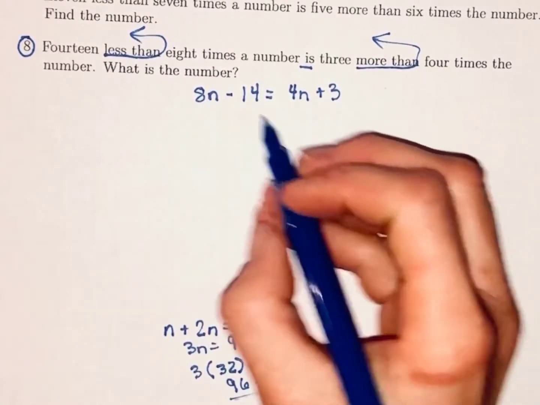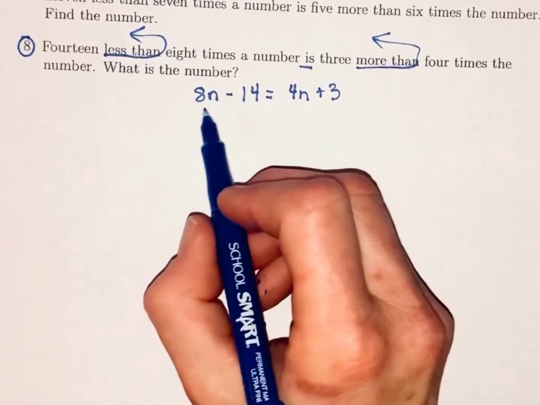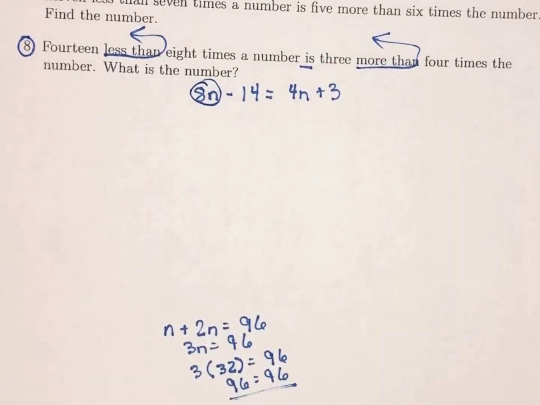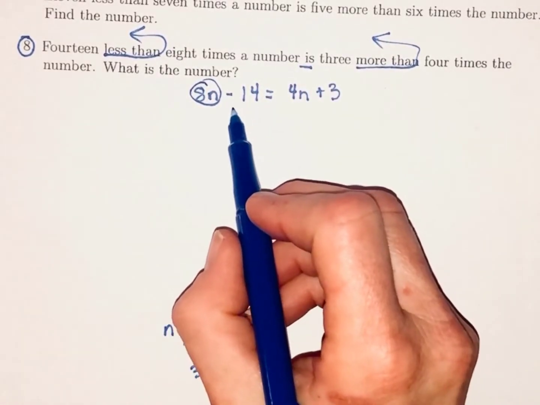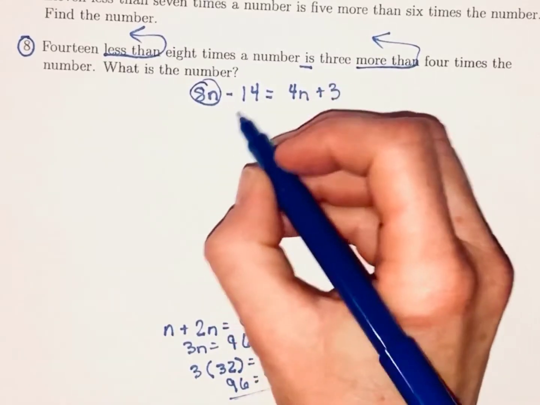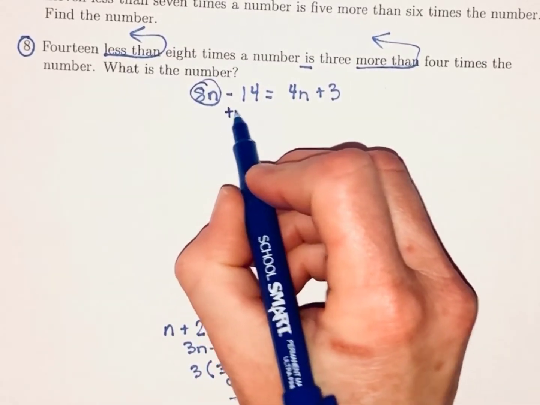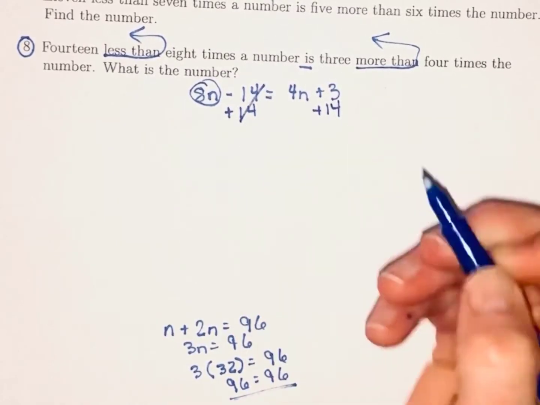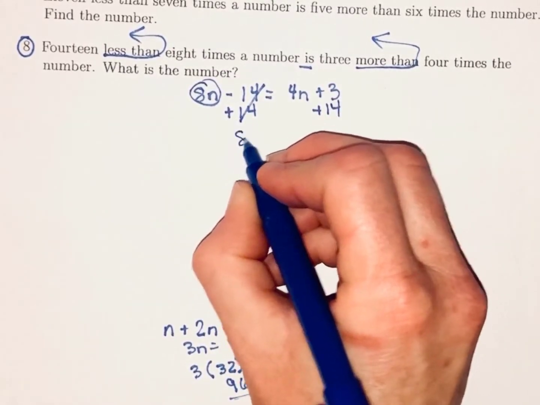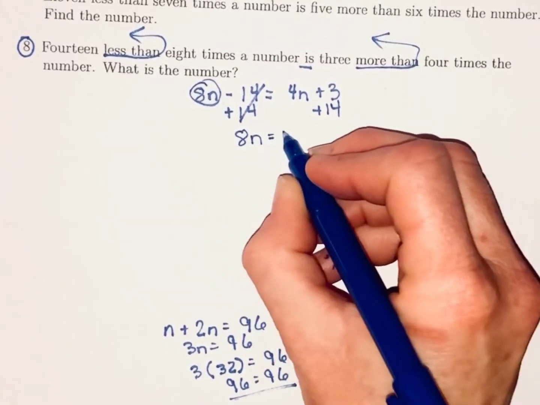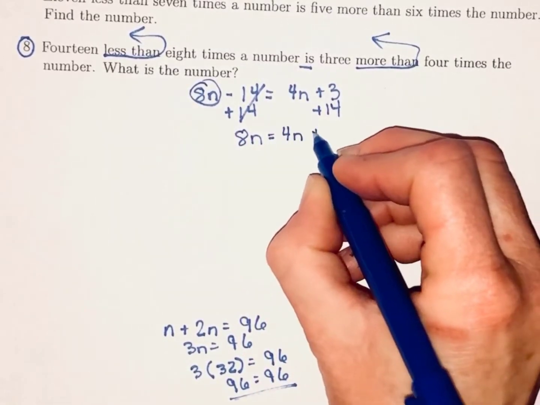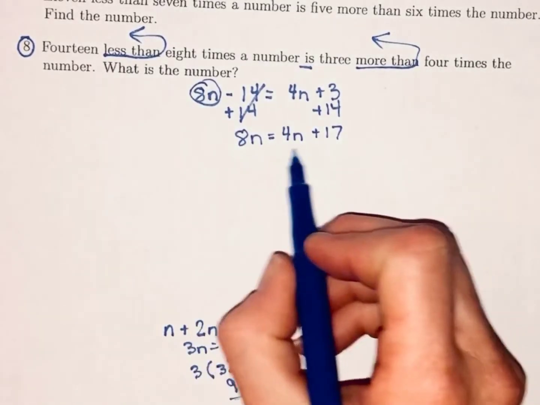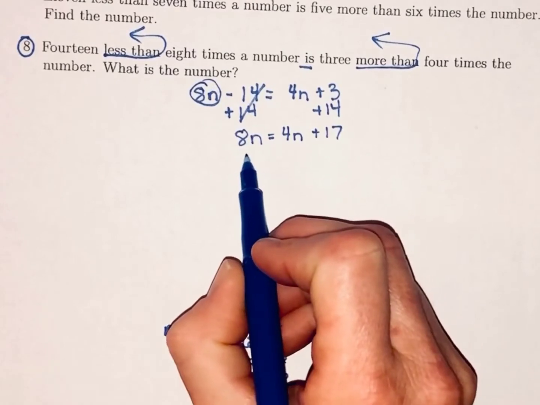So let's see, we'll start with getting 8n by itself. I've got this pesky 14 with it. So I'm going to add 14 to both sides. That cancels out. So I'm left with 8n equals 4n plus 17. So now I still need to get all the n's on the same side.